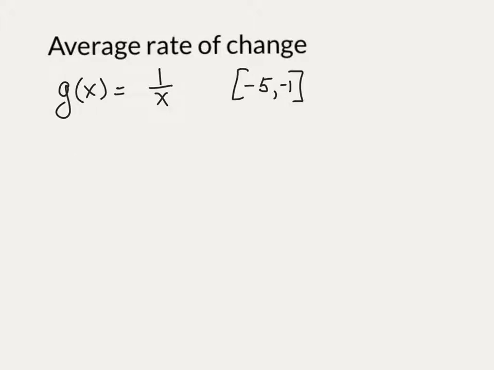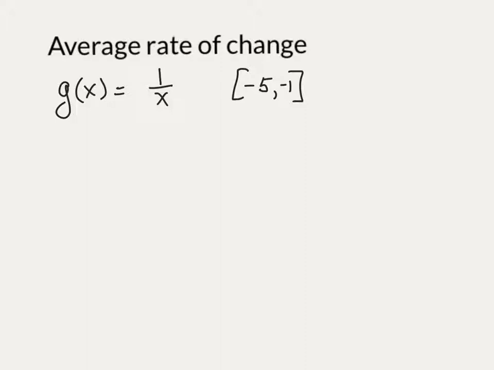All right, so we have another function here. g of x is 1 over x, and I have my interval -5, -1. I want to know what is the average rate of change of this function 1 over x on the interval -5, -1. I just thought about the change in output over the change in input, so that's fresh in my mind.